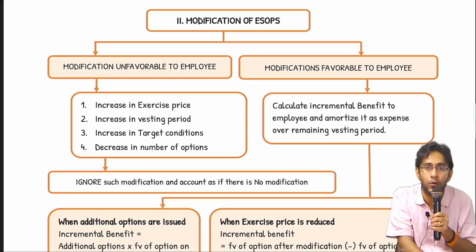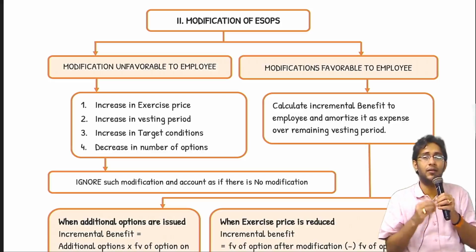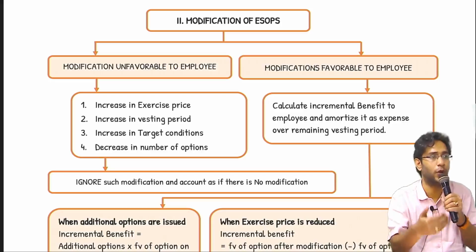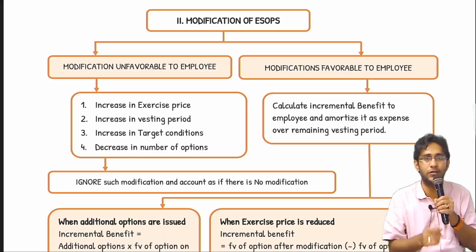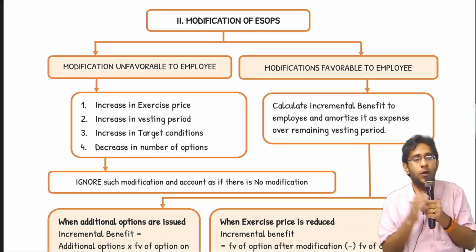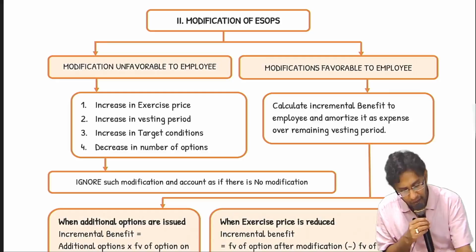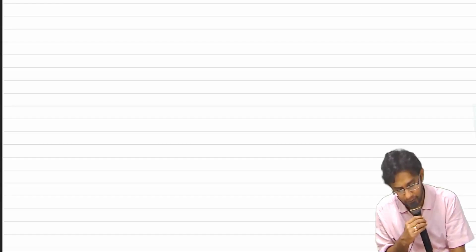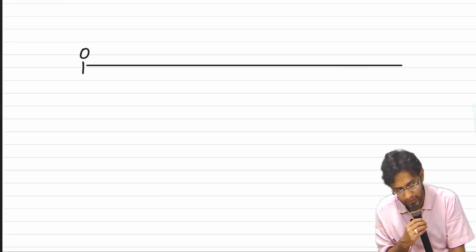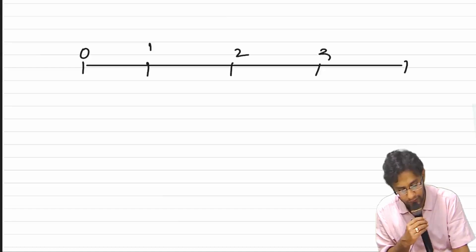So how to do accounting? Understand the incremental benefit you are giving to the employee and book it as option expense over the remaining vesting period. What is the incremental benefit? Suppose I reduced the exercise price. Let us say our vesting period is 1, 2, 3, 4.